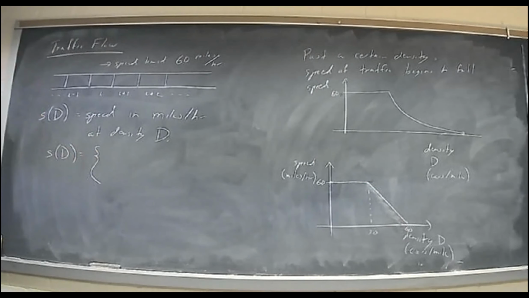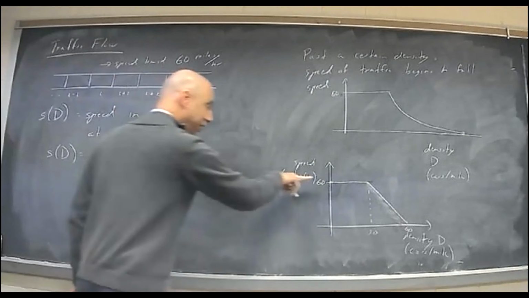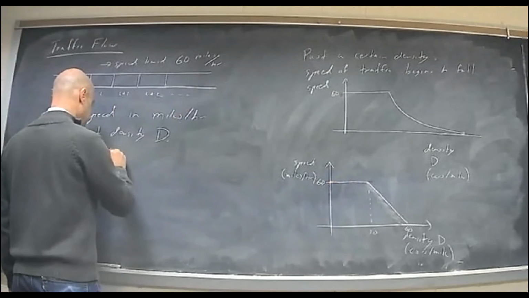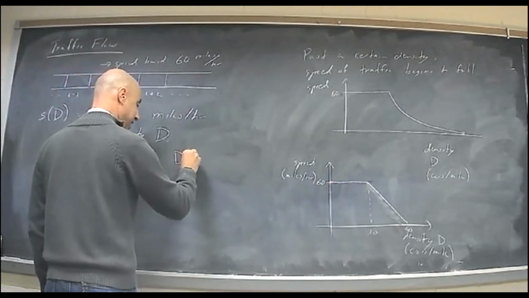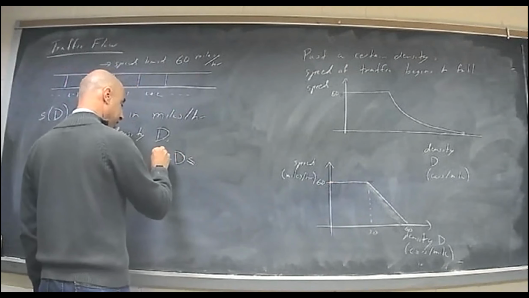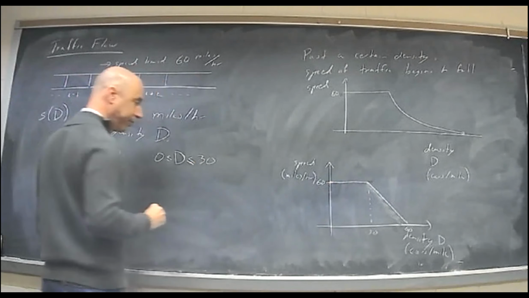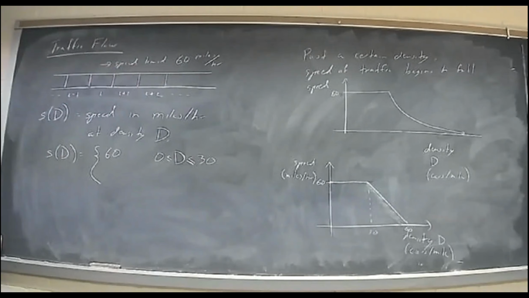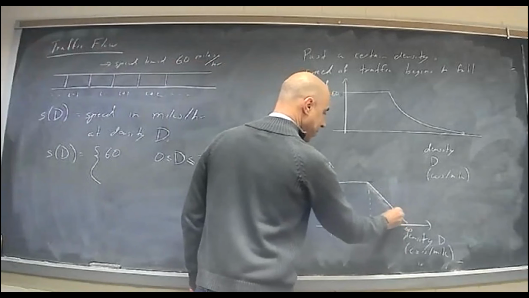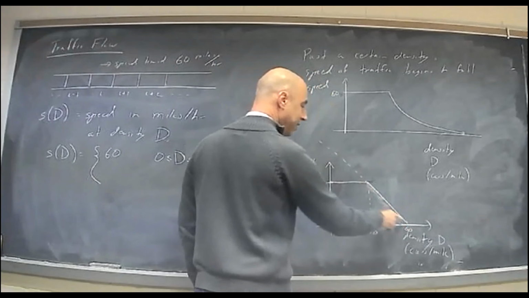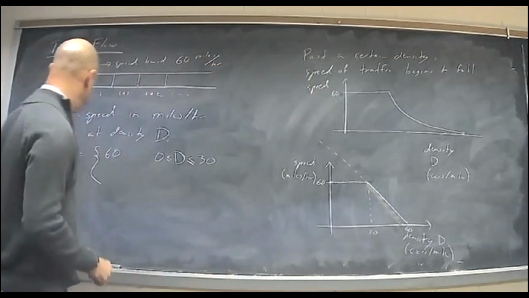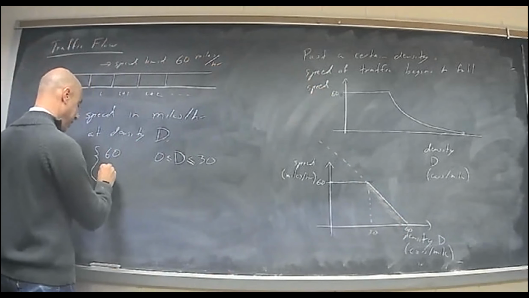S of D equals one of those piecewise defined functions that we all know and love from calculus. S of D equals just 60 as long as D is between 0 cars per mile and 30 cars per mile. And then it's this line.